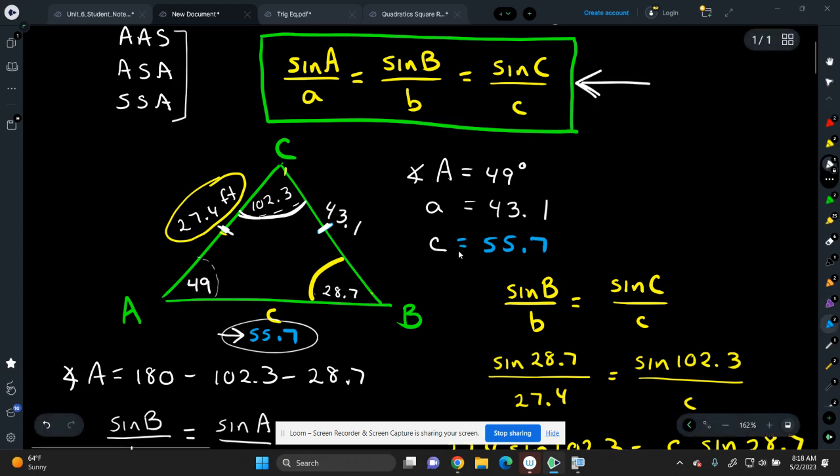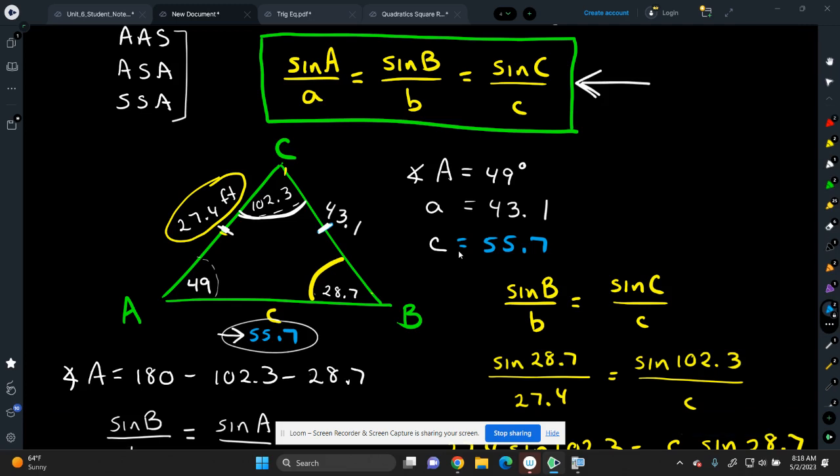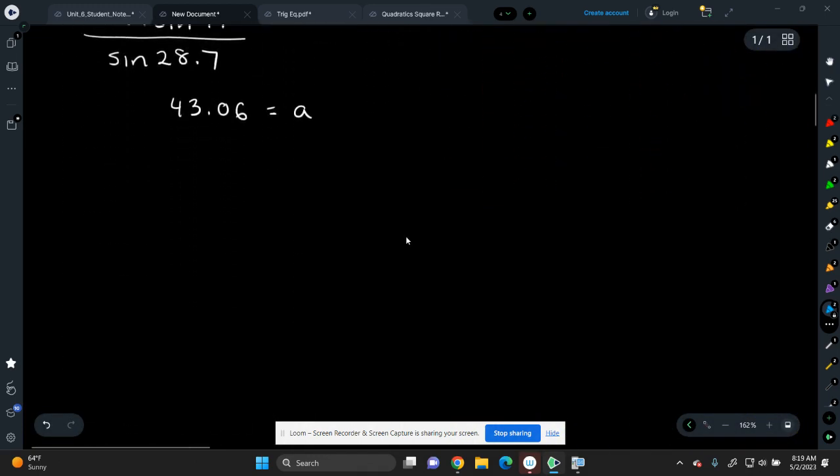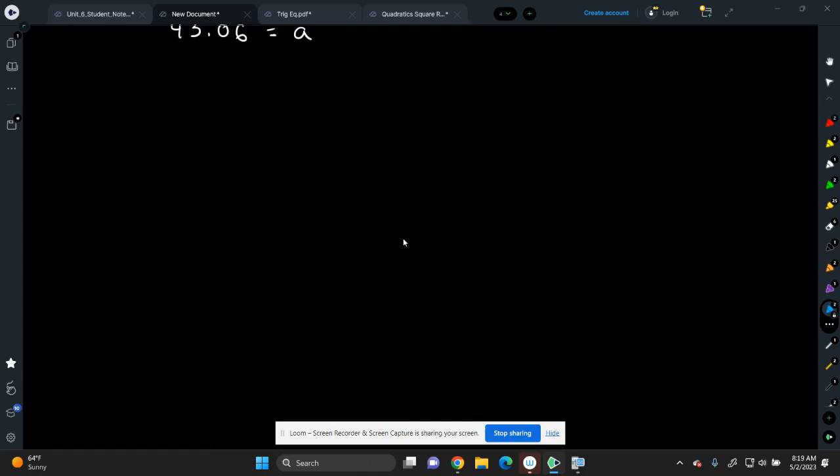In order to use the law of sine, I have to have an angle and its corresponding side, and then another angle or another side. When you go to start solving the triangle, if it's something that you can't use a law of sine with, you're going to find you don't have enough information. Okay.